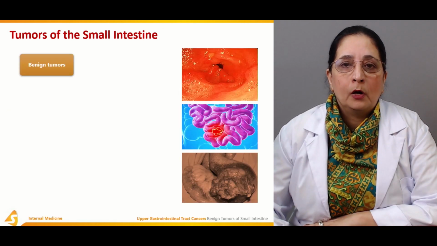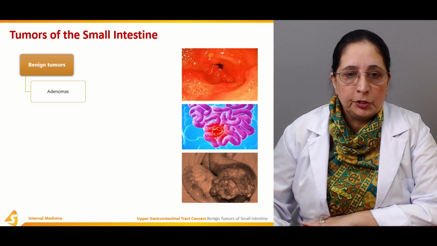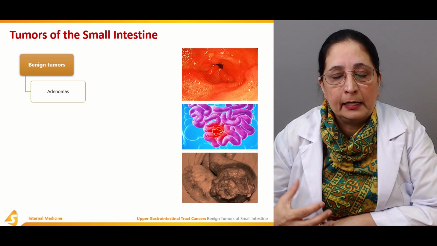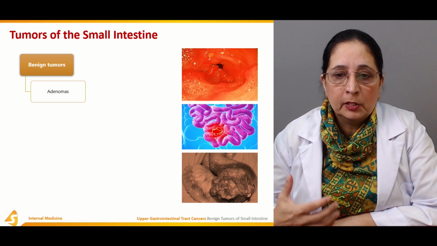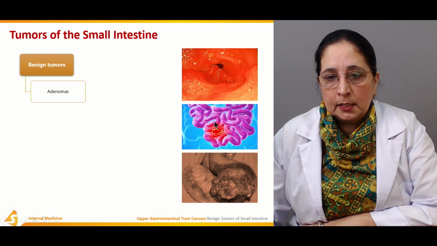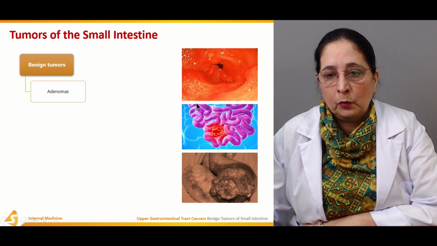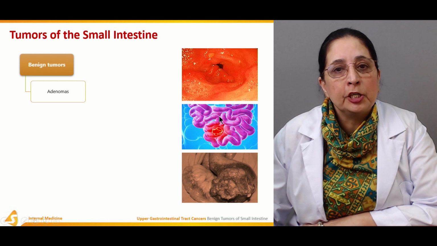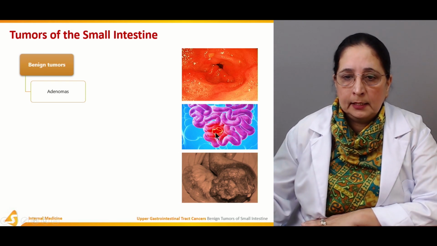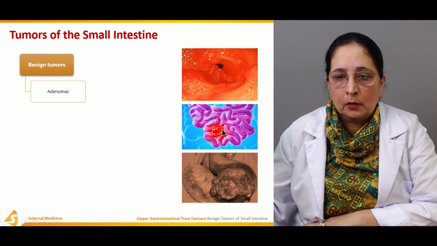Benign tumors of the small intestine, the adenomas, are the tumors that develop from the glandular tissue of the small intestine. Here you can see the picture. All this folded portion is the jejunum of the small intestine, and this is the tumor or the growth.